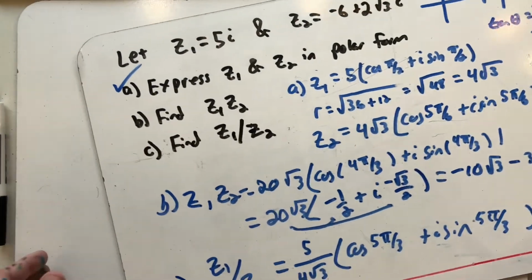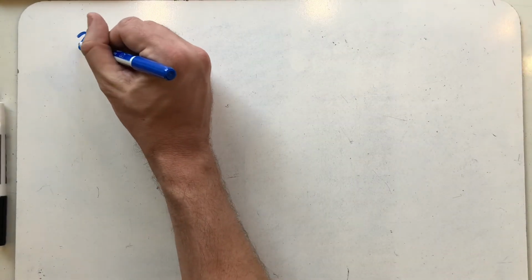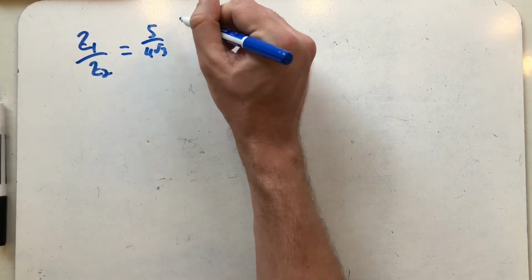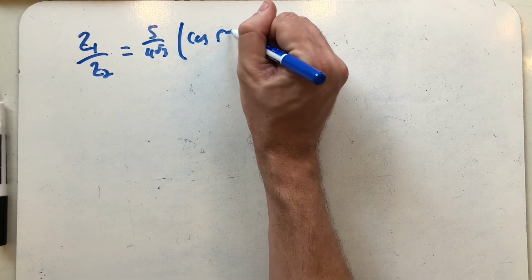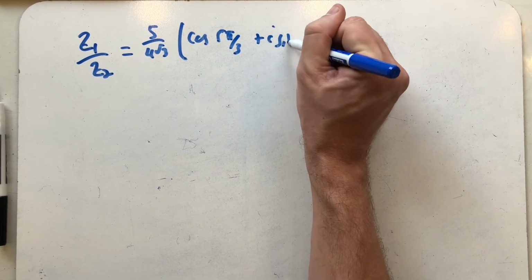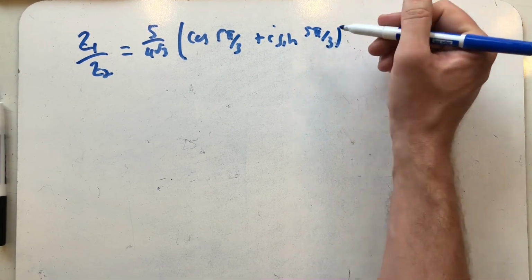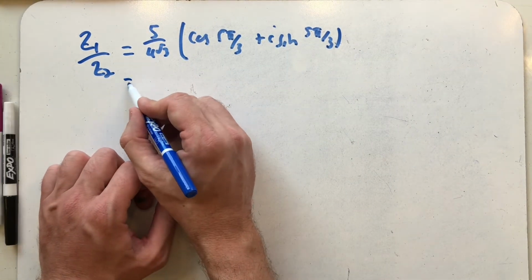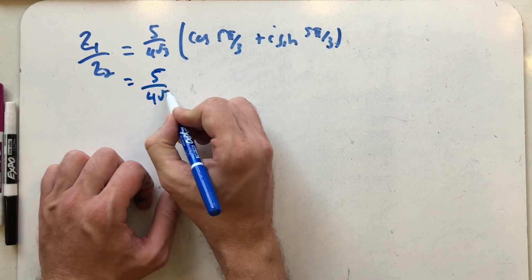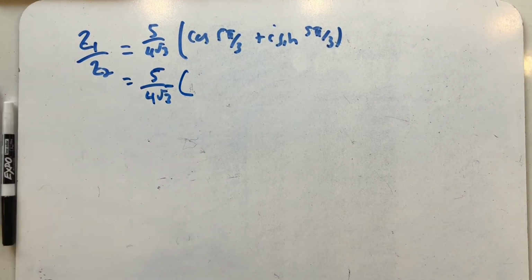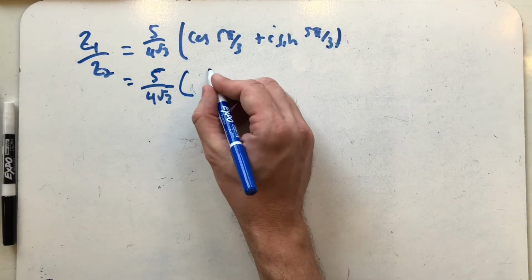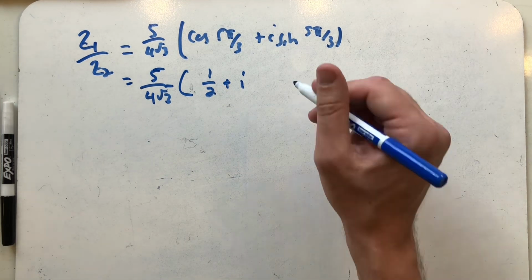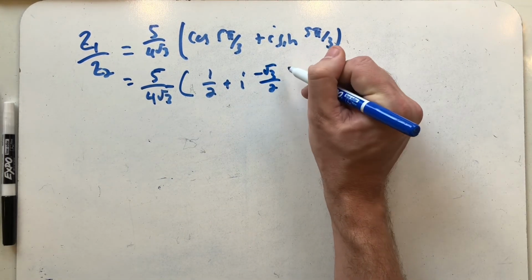All right, and in my final answer, I want to evaluate these trig functions and then write this down in its rectangular form. So let's see. What I know so far is that z1 over z2 is equal to 5 over 4 root 3 times the cosine of 5 pi over 3 plus i sine of 5 pi over 3. So now I'm left to evaluate my trig functions and then just do a little distributing. And so I still have that 5 over 4 root 3 here. And now I need to know the cosine of 5 pi thirds, which is 1/2, plus i times the sine of 5 pi thirds, which is minus root 3 over 2.